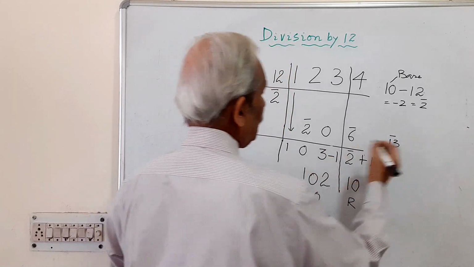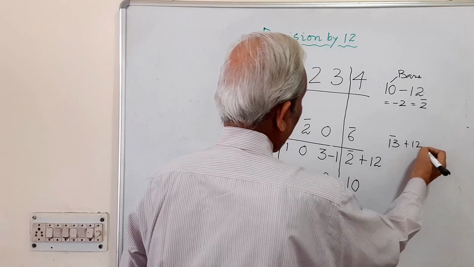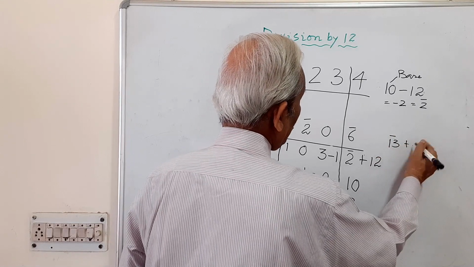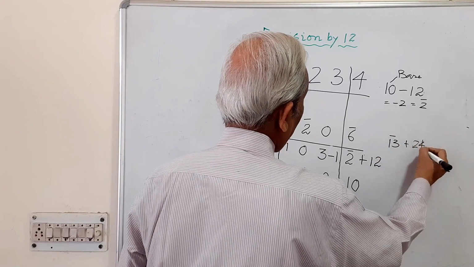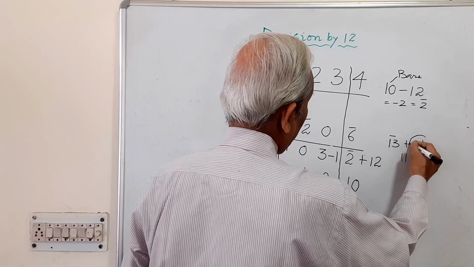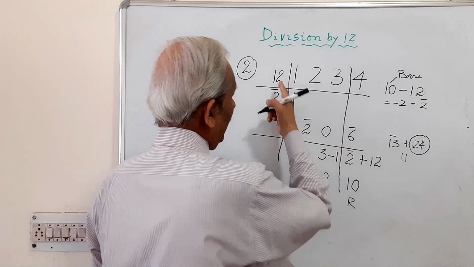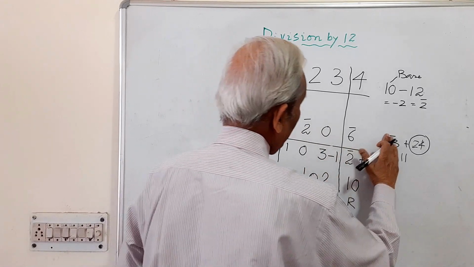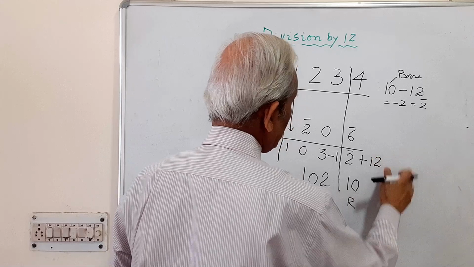Now if you add 12 with this, even then the result will become 1 bar, it will still remain negative. Here you have to add 24 so that you get 11. So 11 will become remainder, and since you have added the divider 2 times, reduce this by 2 times. So wherever in the exact example it comes, you will see it.